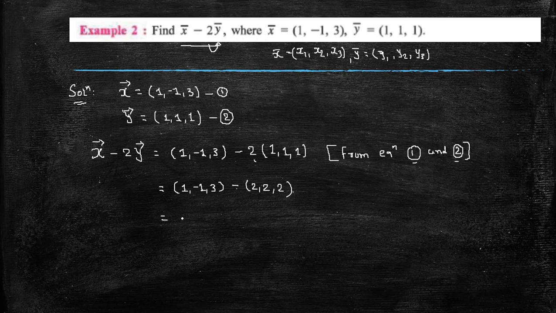So 1 minus 2 is our first element, -1 minus 2 is our second element, and 3 minus 2 will be our third element. So 1 minus 2 will result as -1, -1 minus 2 will give us -3, and 3 minus 2 will give us 1. So this is what we have.